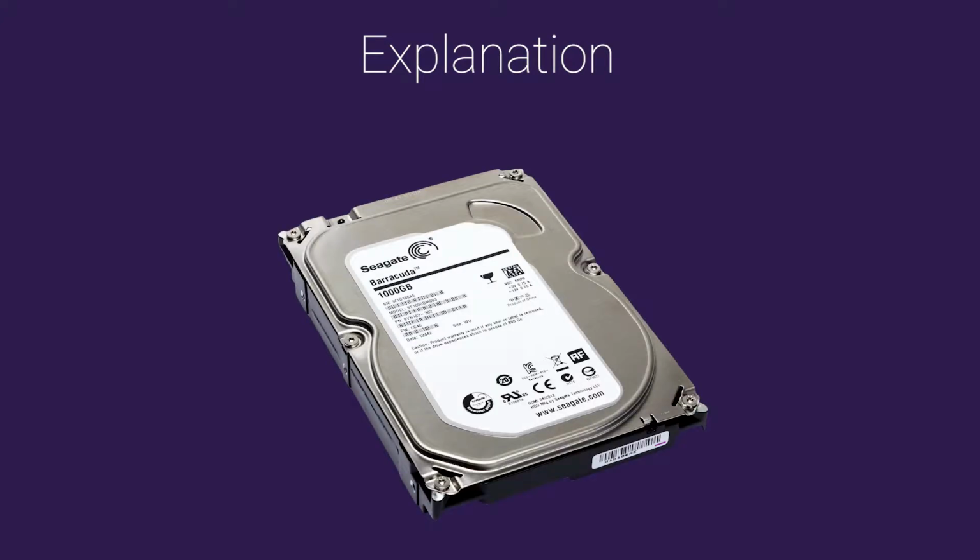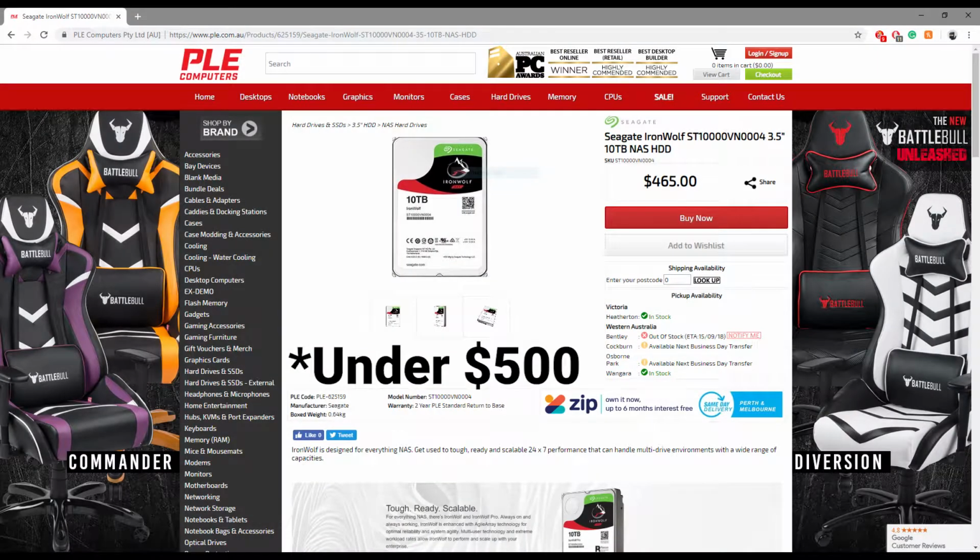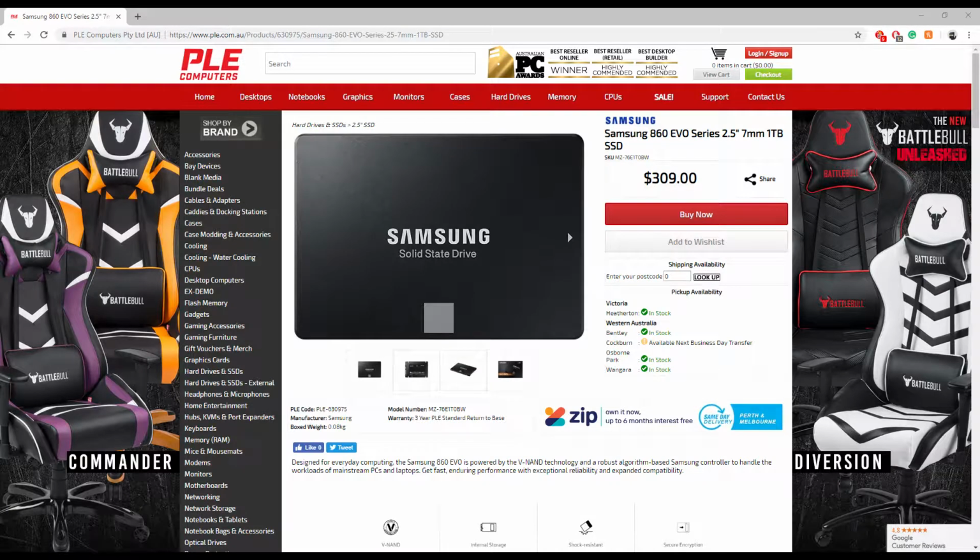Let me explain a little bit of how this will work. Hard drives are the most common means of computer storage and are so cheap these days. You can bulk up on a 10 terabyte hard drive for under $300. But it's slow, and SSDs, also known as solid state drives, are somewhat a new technology and are still expensive.